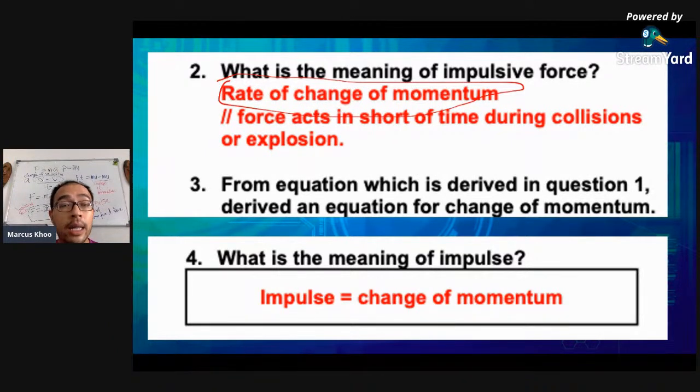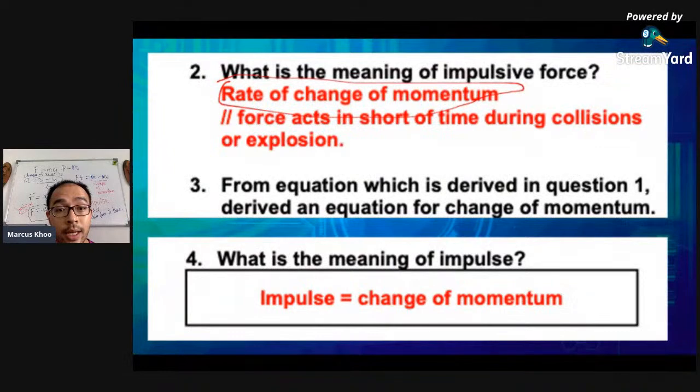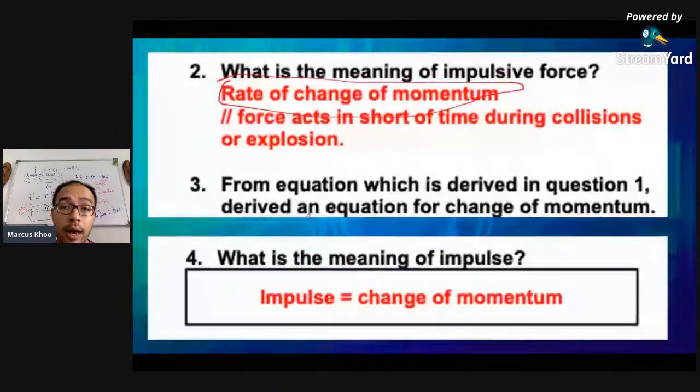They allow us to also consider many things when we are building things, when we are considering things like how to make cars go faster, how to make things go slower. And impulsive force we find can be beneficial and can be harmful to us, depending on what is the situation.